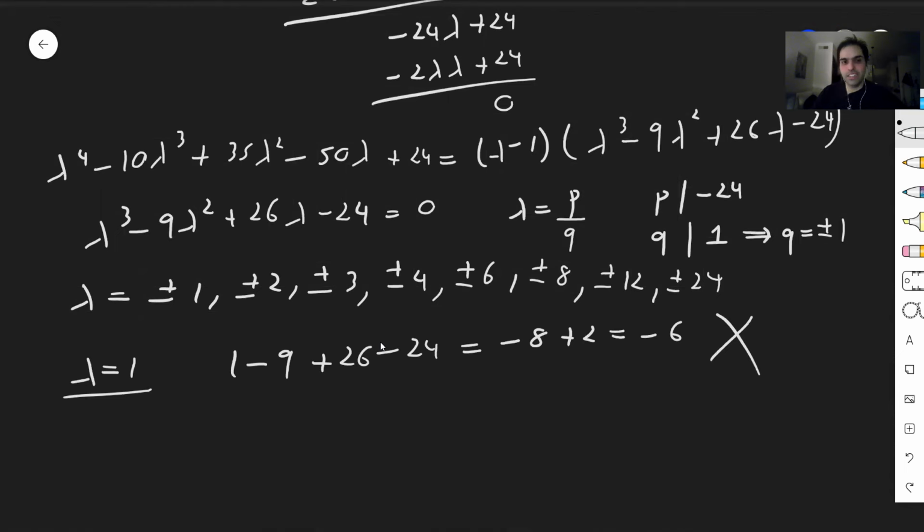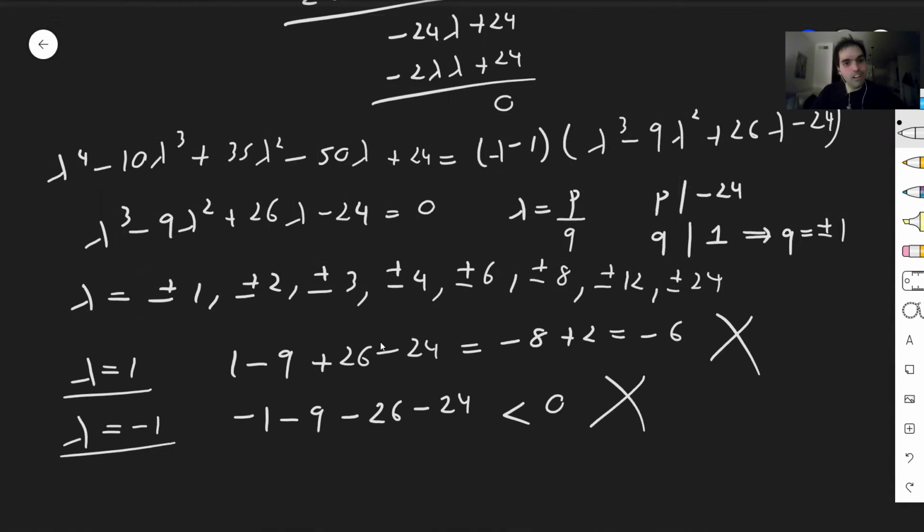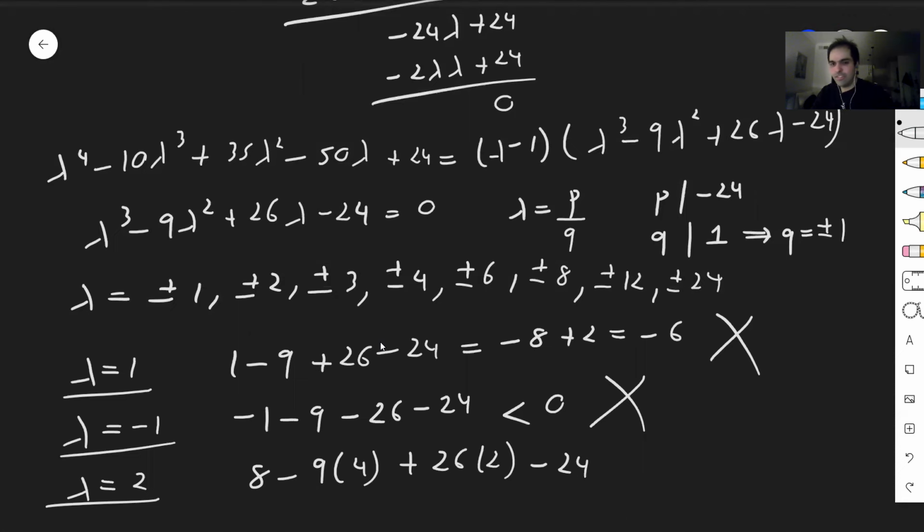That doesn't work. Lambda equals minus 1, that's minus 1 minus 9 minus 26 minus 24. Well, it's negative. It can't be 0. Okay, well, again, not all hope is lost. Let's do lambda equals 2: 8 minus 9 times 4 plus 26 times 2 minus 24.